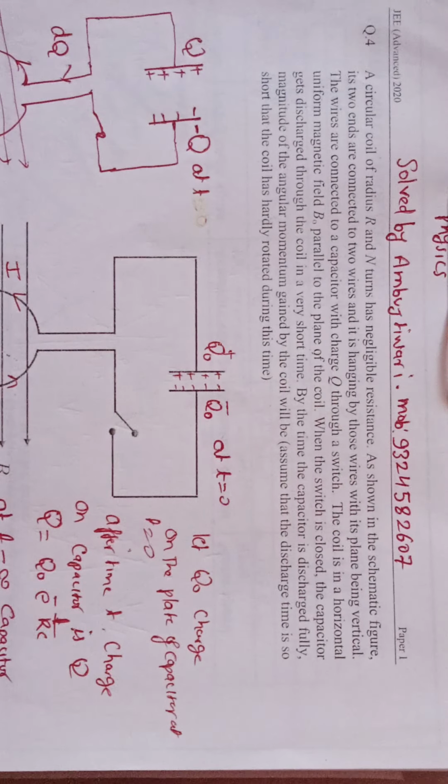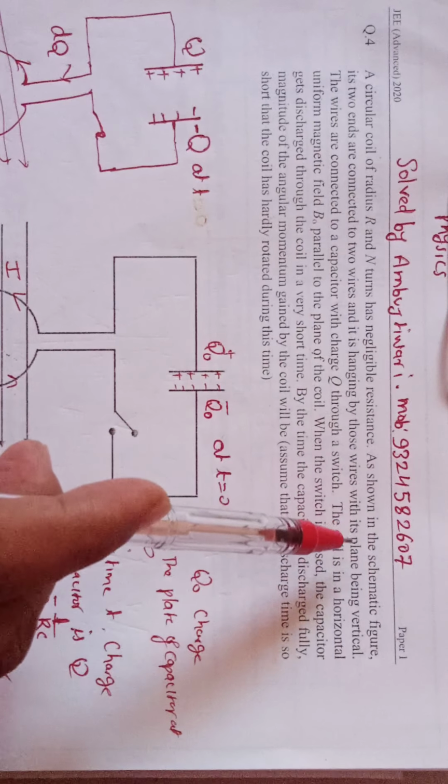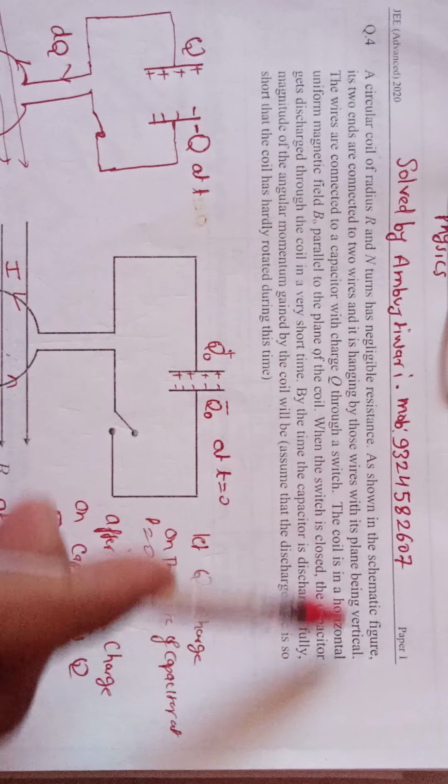Then we read the question. A circular coil of radius r and n turns has negligible resistance. As shown in the schematic figure, its two ends are connected to wires and it is hanging from those wires with its plane being vertical.